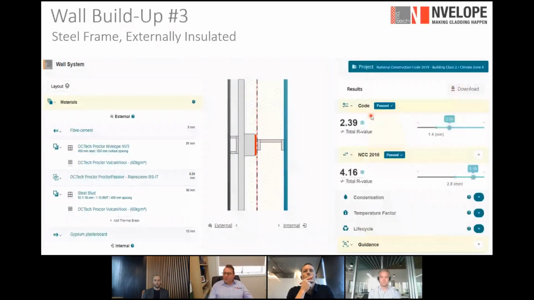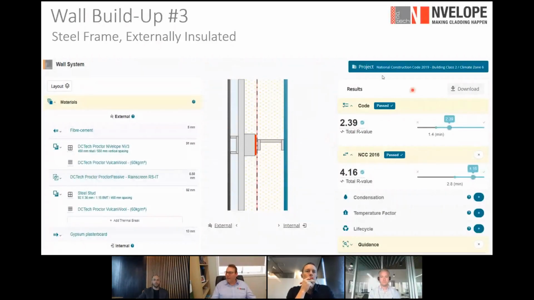So looking at the performance here, again, a significant boost in R value because we are adding an additional 50mm of insulation. So we're getting a great result here. However, these sort of systems are more prone to areas where you might need additional R value.